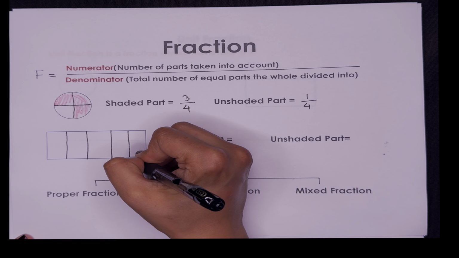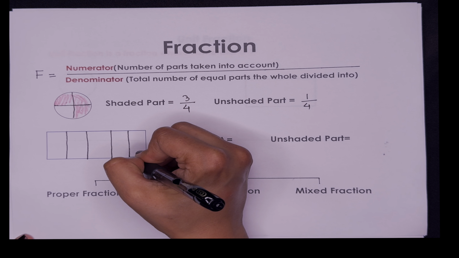Let's do it with a rectangle. This is a rectangle and I am making it 5 equal parts. If we make 4 lines, that gives us 5. Each part will be 1 by 5. This part should be equal. I'm sorry, these last 2 parts are not equal to the others. So when you do it, try to make equal parts.